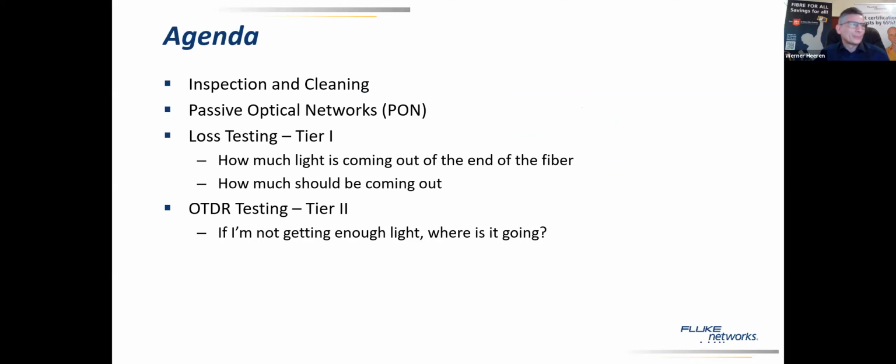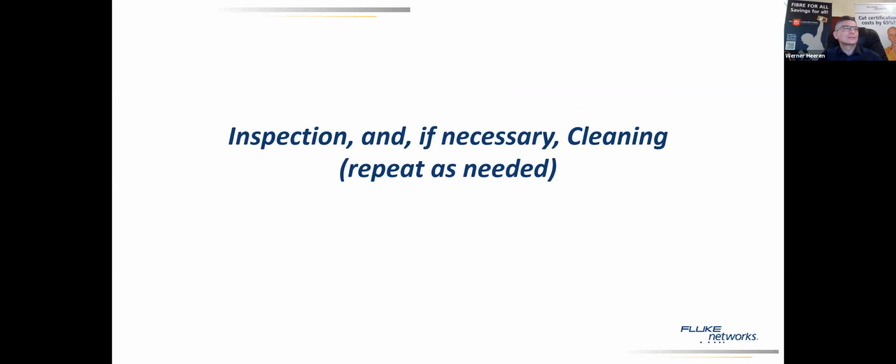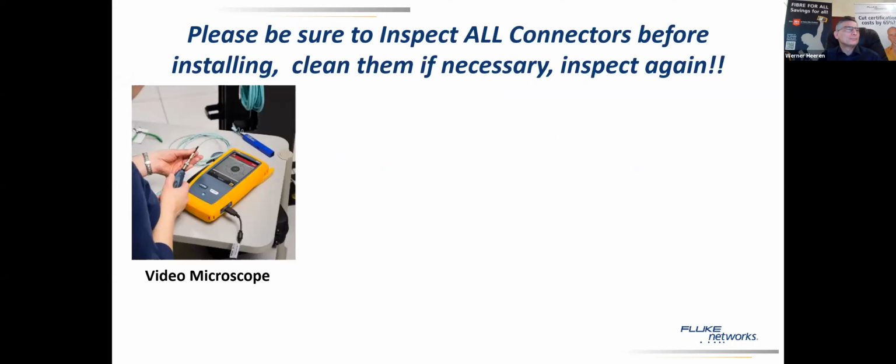Agenda: inspection and cleaning, a little bit more depth maybe over the PON, loss testing, OTDR testing. Some parts we have seen in previous webinars, but inspection and cleaning is important. Weil has spent a whole webinar on it. This is the first step you always have to do: inspect your fiber to check if it's clean.